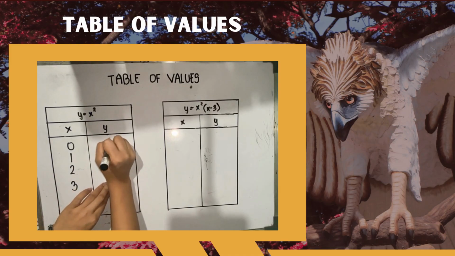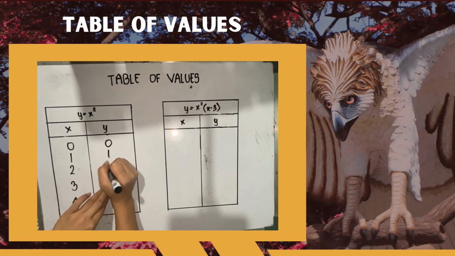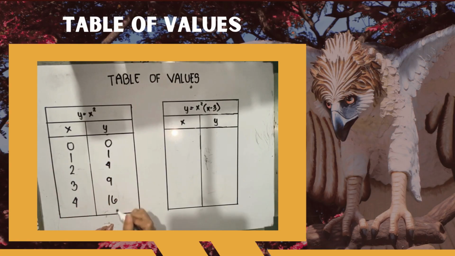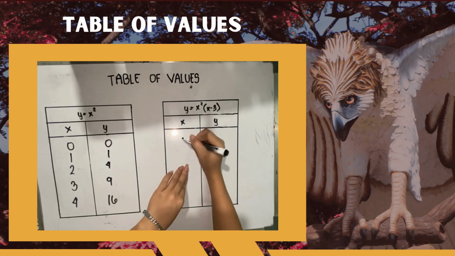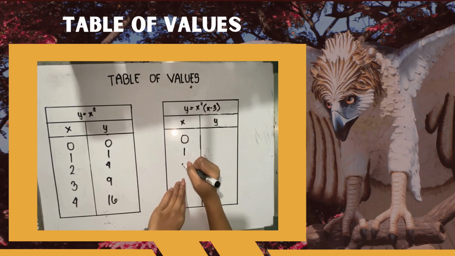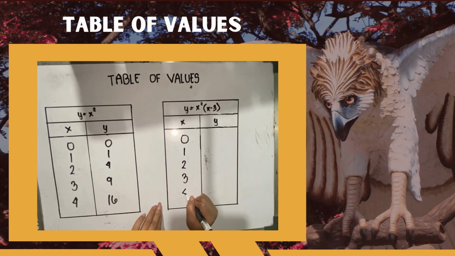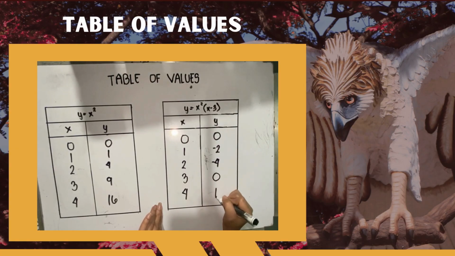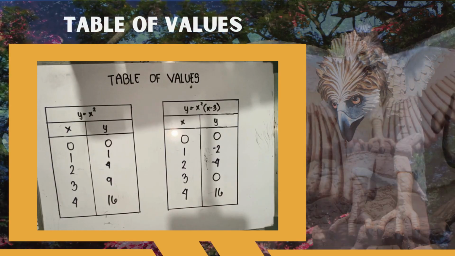For y, we have 0, 1, 4, 9, and 16. For our second table, x is 0, 1, 2, 3, 4, and for y, 0, negative 2, negative 4, 0, and 16.